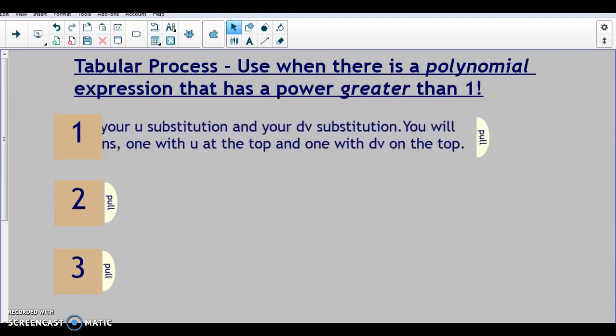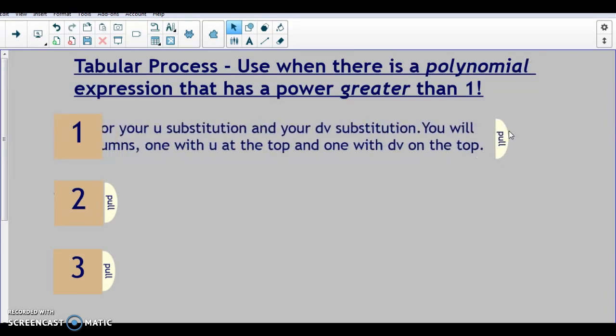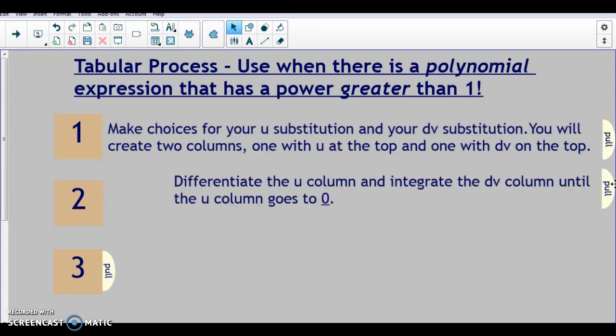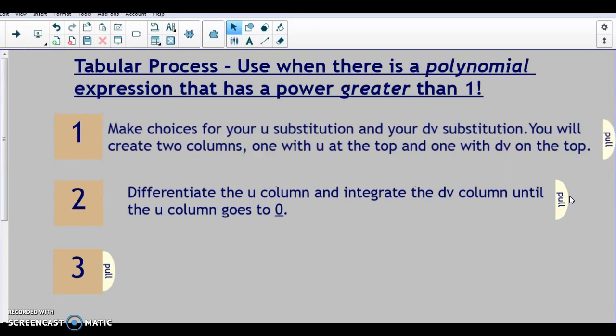You'll still pick your u substitution and your dv substitution, but you're going to make a table out of those pieces, with the left column being your u and the right column being the dv, and write them at the top of the table. Then for each of the columns, you'll differentiate the left column, the u column, and integrate the dv column, the right column, until the differentiation column goes all the way to 0.